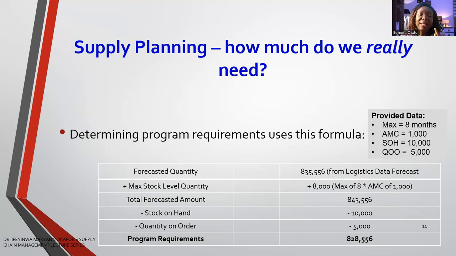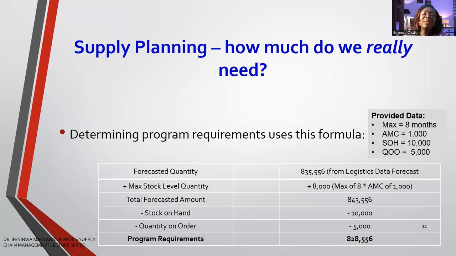So determining program requirement uses this formula. Data like maximum stock level is gotten from your system. Average monthly consumption is gotten from your logistic management information system. And then stock on hand and quantity on order. You must have this information ready.